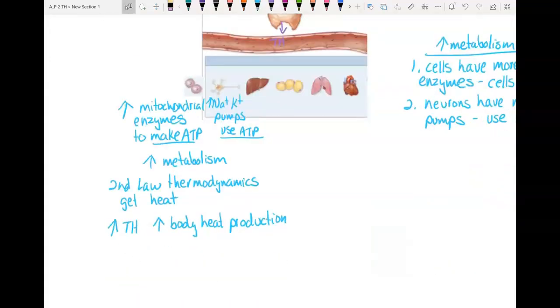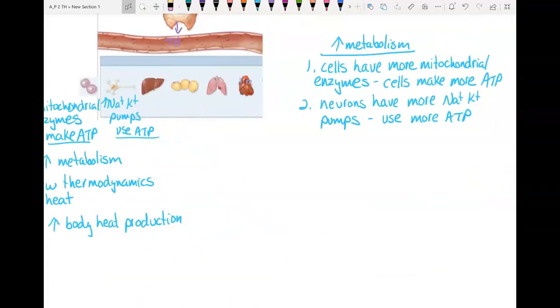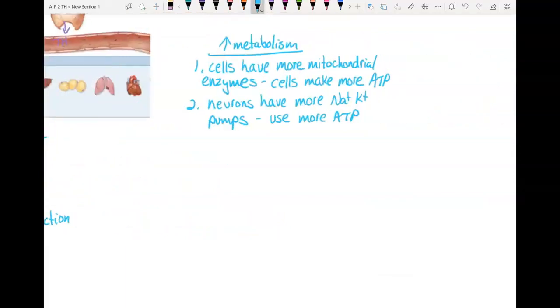Another thing to notice here, enzymes and sodium-potassium pumps. These are both types of protein. Thyroid hormone is stimulating your cells to make protein. Think back to earlier in this chapter. What kind of hormone stimulates cells to make protein? That is lipid soluble.